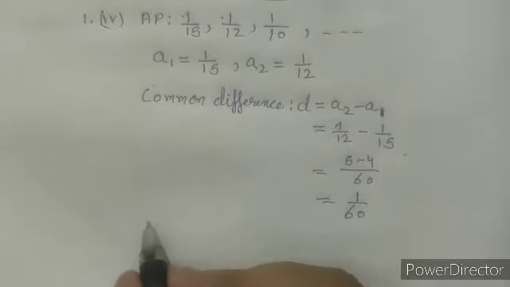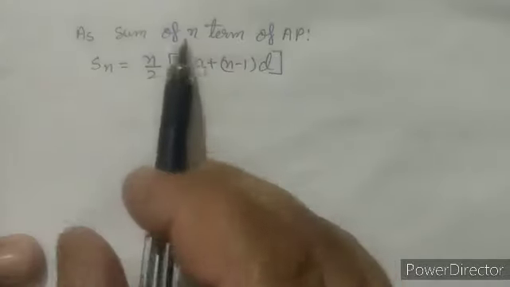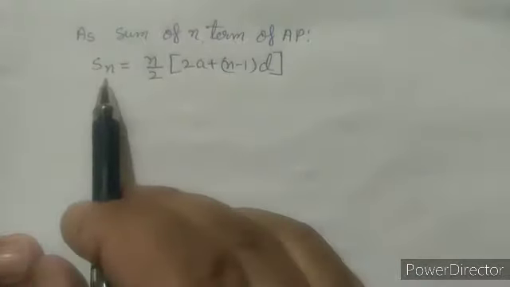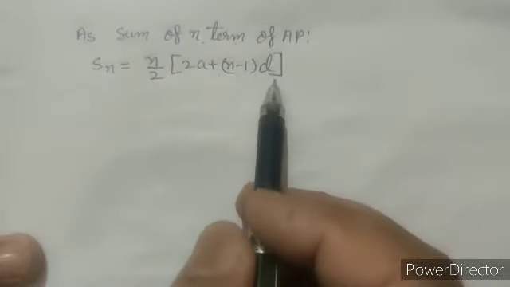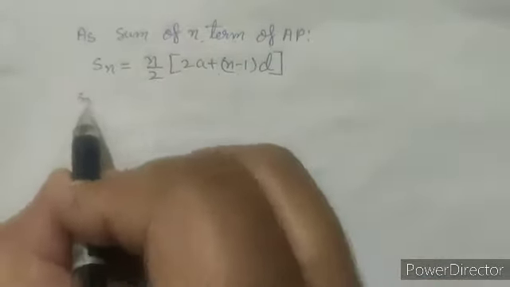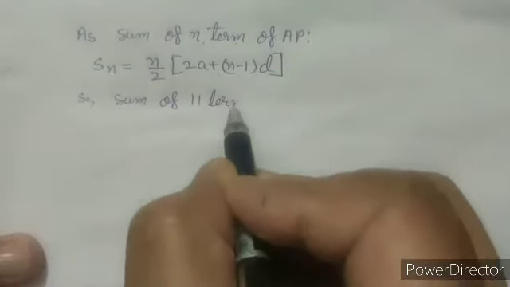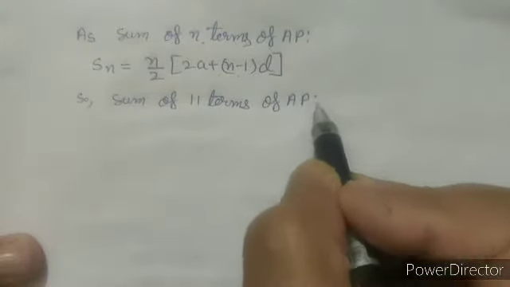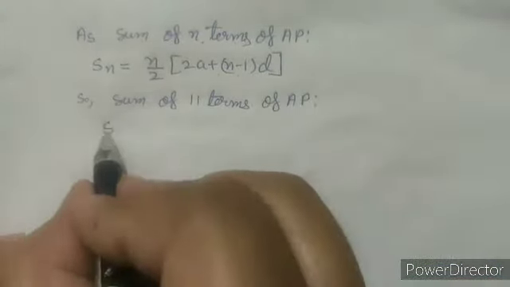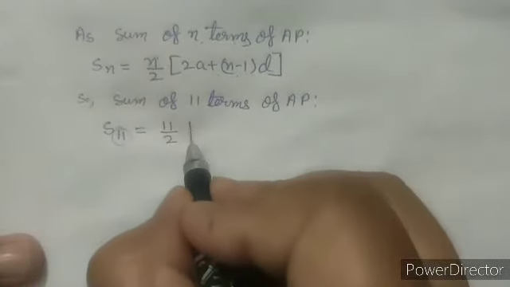Now as we know, the sum of n terms of an AP is given by Sn equal to n upon 2 into 2a plus n minus 1d. So the sum of 11 terms of the AP will be S11, and that will be equal to, now in place of n we have to take 11, that will be 11 by 2 into 2a.